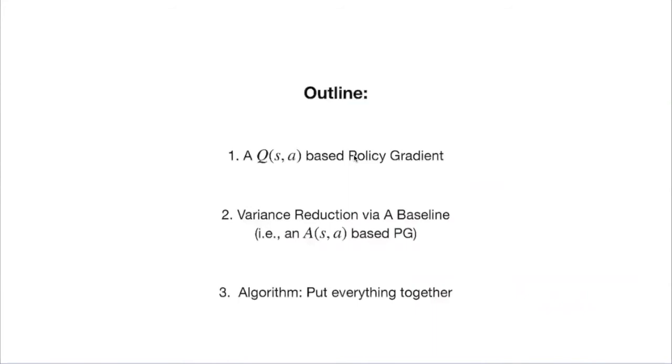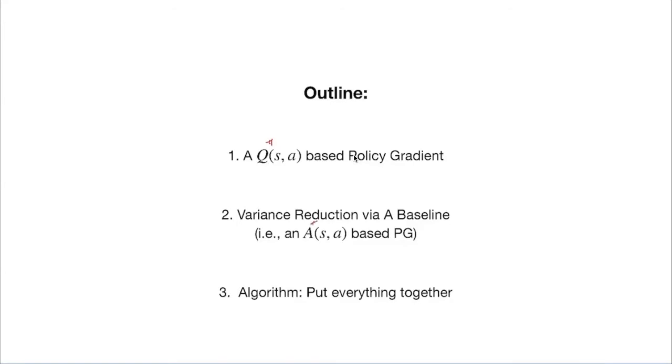The outline for today is that we first are going to look at a policy gradient version that uses the Q function. Let me write this Q pi. The second topic is that we can further reduce the variance by using the advantage function.